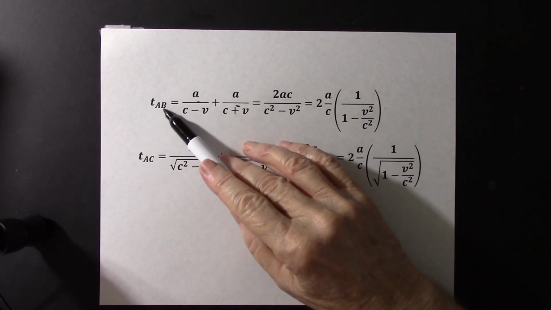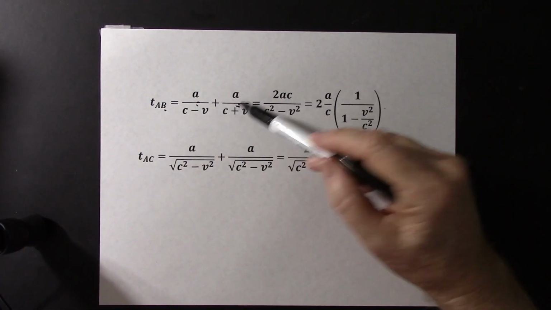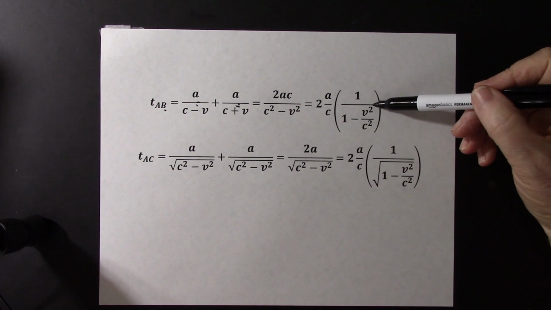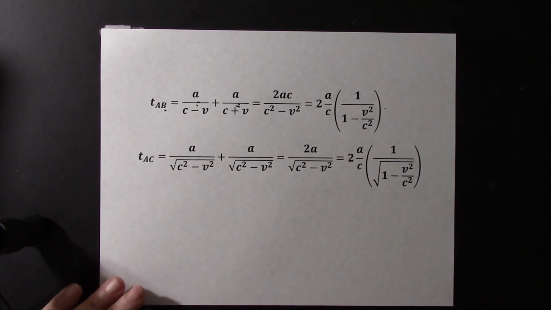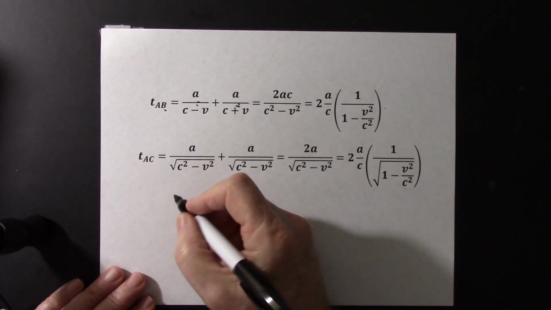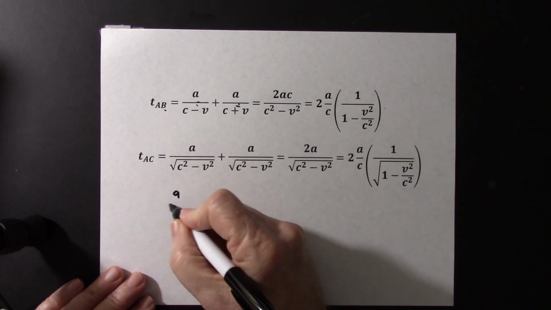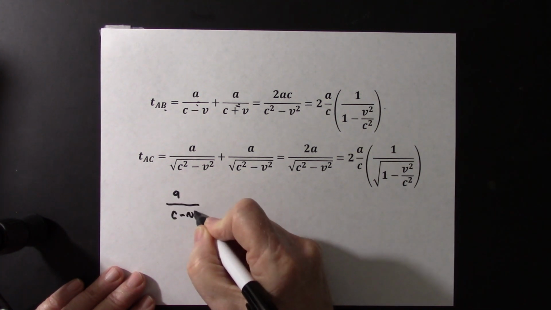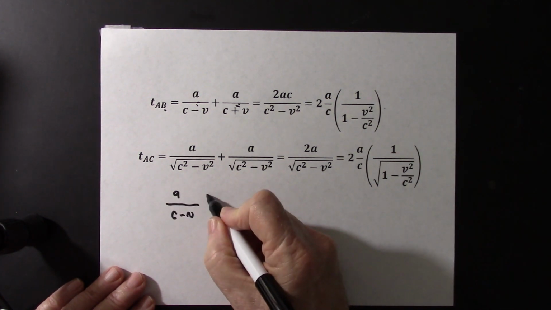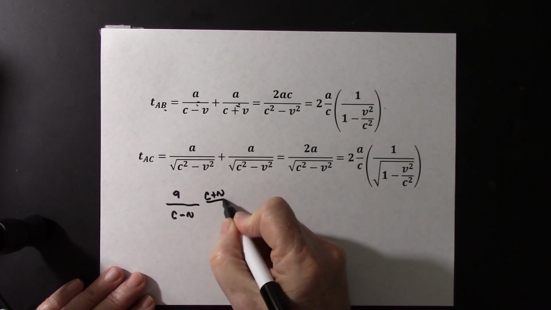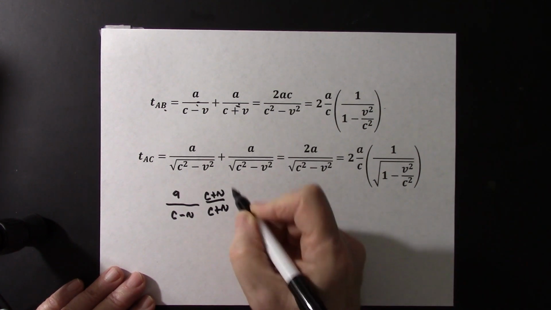Recall that TAB is this plus this, and we're claiming that it equals that. Well, let's see if that's really true. Let's take the two terms separately, so we would have a over c minus v. We're going to multiply that by c plus v over c plus v, which is just 1.